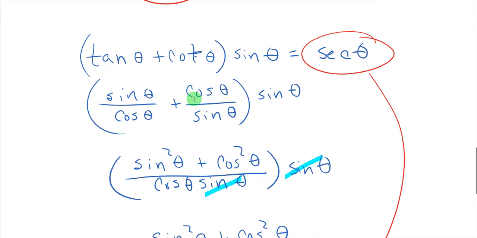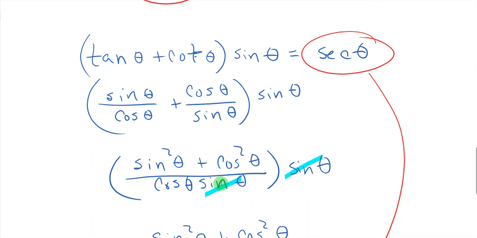I'm going to go ahead and combine them. The common denominator would be cosine sine. If you divide cosine into this denominator, you get sine. Multiply it by this numerator, you get sine squared. Sine divides into this and it leaves cosine. Multiply times the numerator, you get cosine squared. So this is what I have times sine.